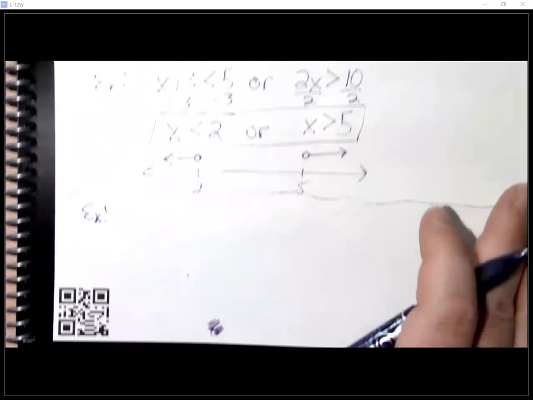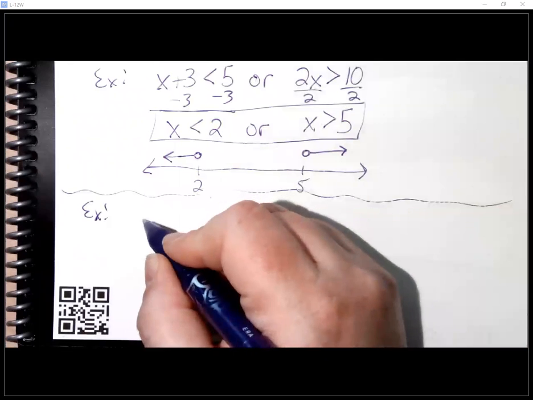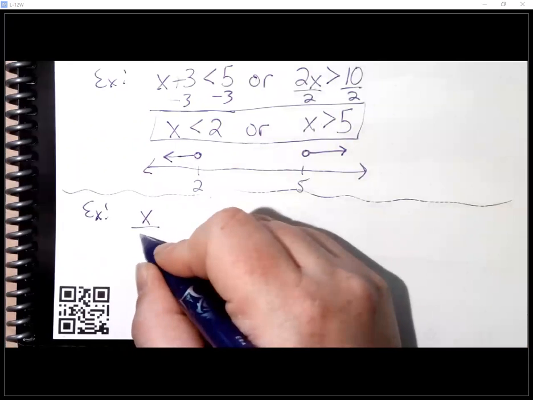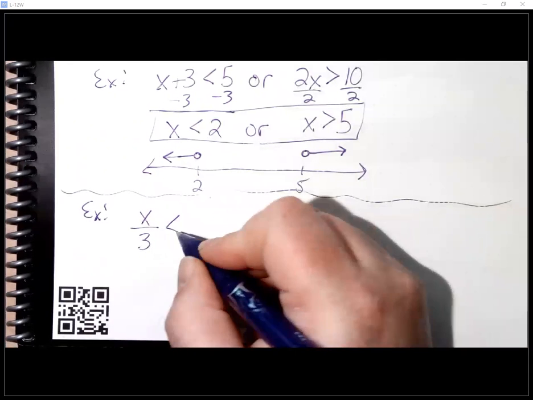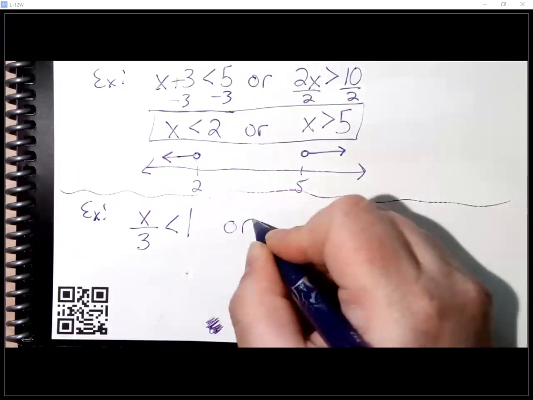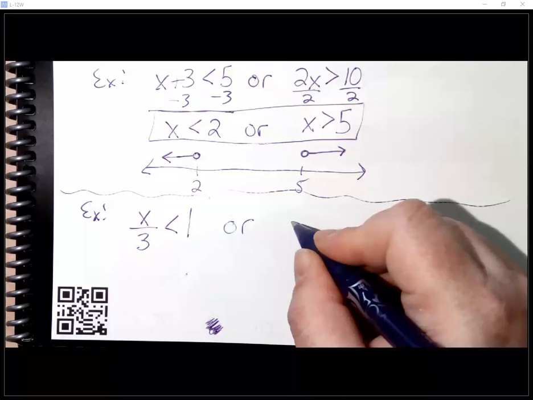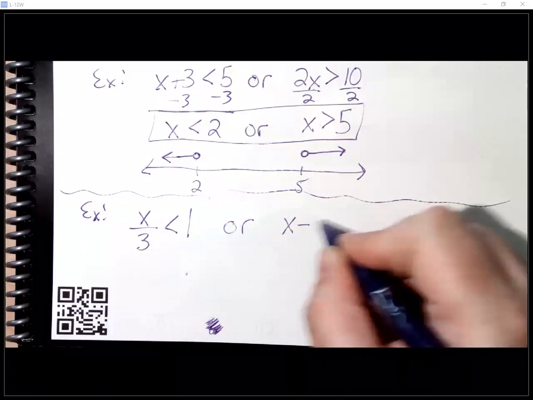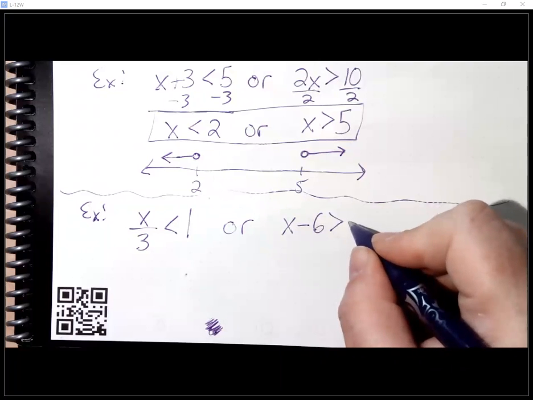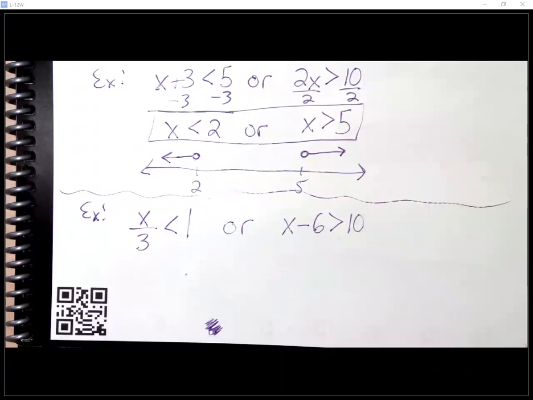Let's do something like x divided by 3 is less than maybe 1, or x minus 6 is greater than 10. All right, try that one. So solve each one separately and then go ahead and graph.